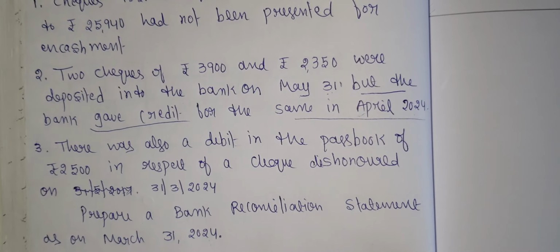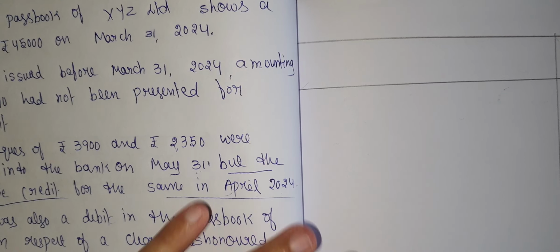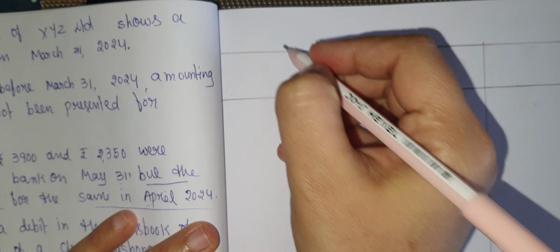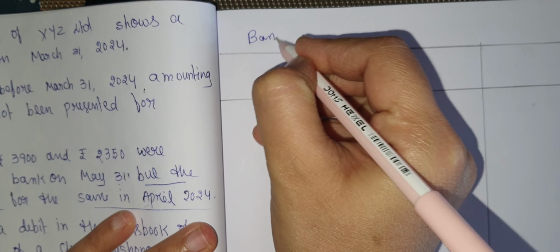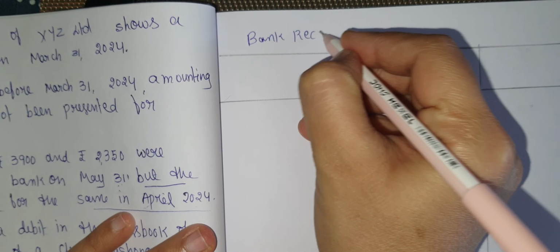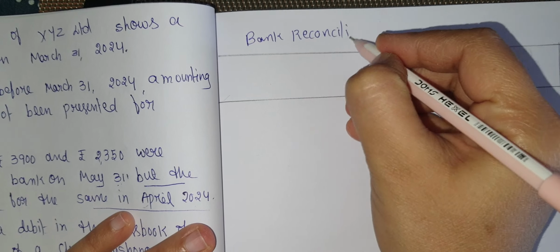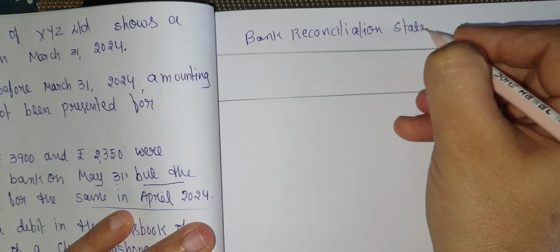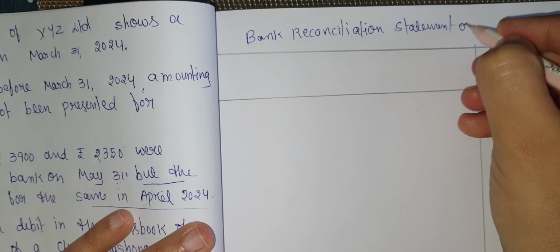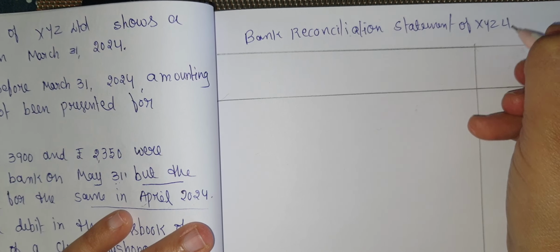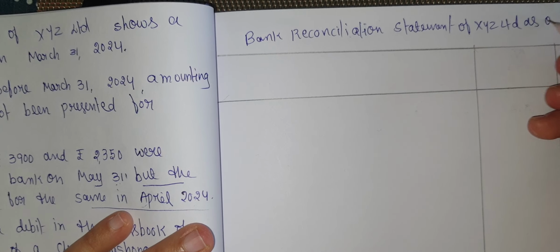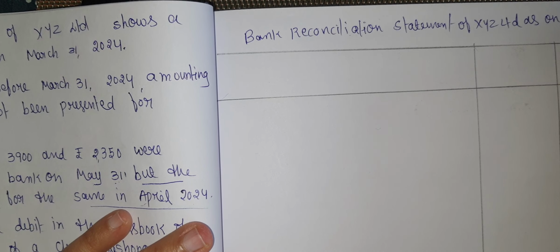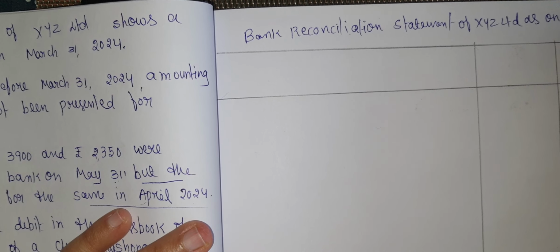Now we have to solve the problem. See the format. First we have to write down the bank reconciliation statement of XYZ Limited as on March 31st, 2024.